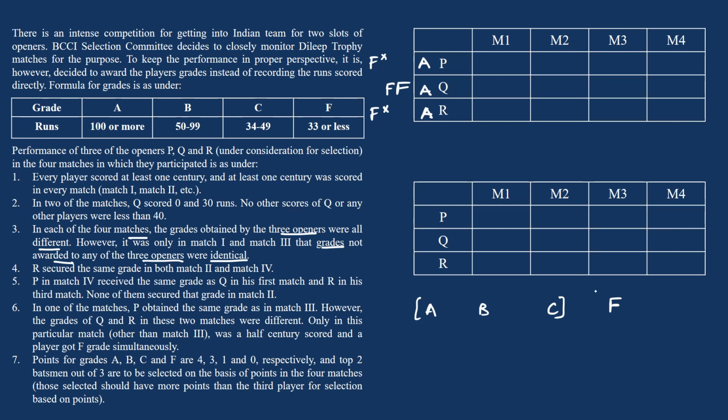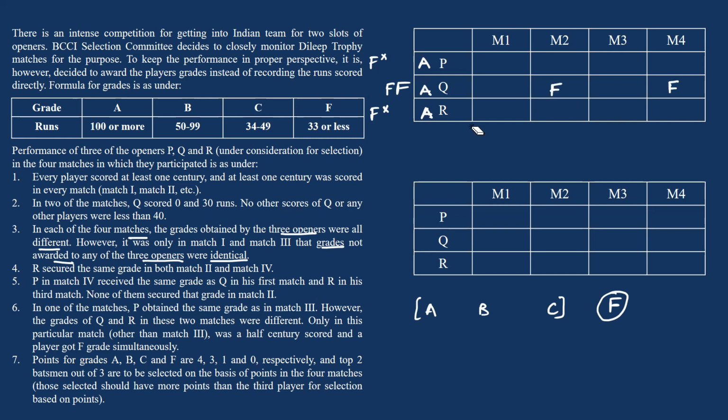So that grade F was left, and the grade F was not awarded to any of these openers, right? Now I can say that in match 2 and match 4, Q was awarded grade F.